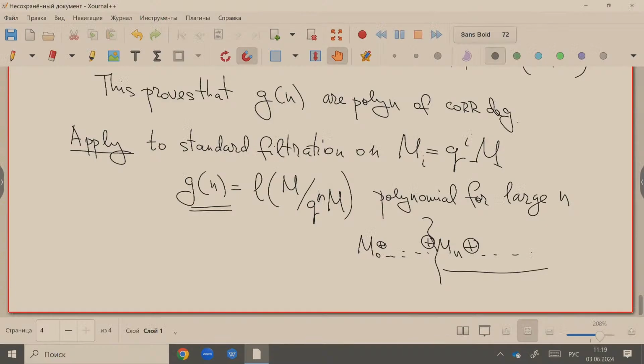Ну и теперь, so now we can also put a equal to n, M equal to A, and consider the length function.